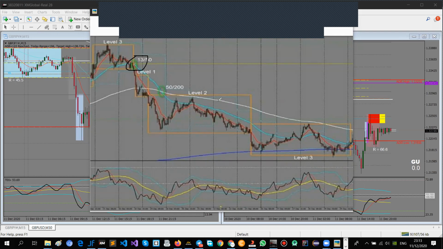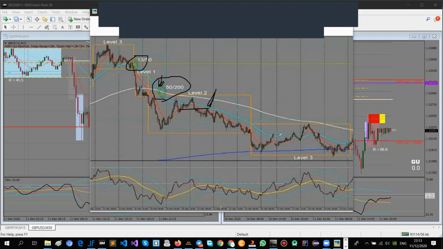We saw that this right here is level 2 because of this crossover, indicated by the green circle here. That's the 50 and 200 crossover. Price then went on into level 3. How do we see that we're in level 3?